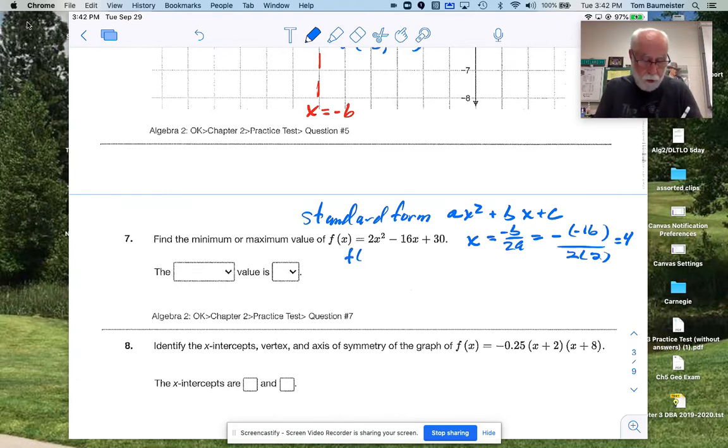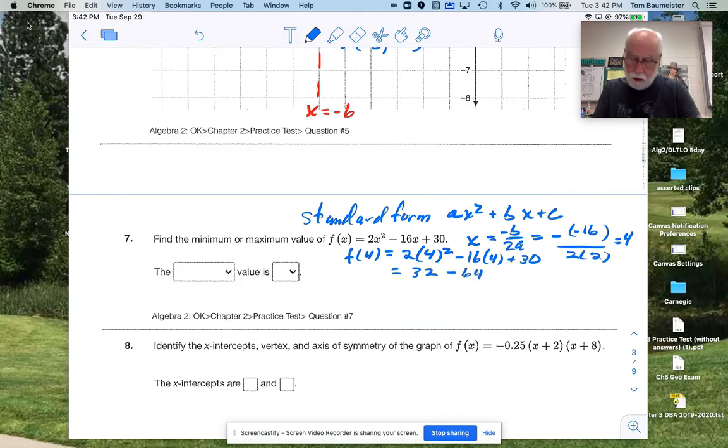Then we take our f of 4 so we can get our y value. I'm going to get 2 times 4 squared minus 16 times 4 plus 30. So 4 squared is 16, 16 times 2 is 32, and 16 times 4 is 64.